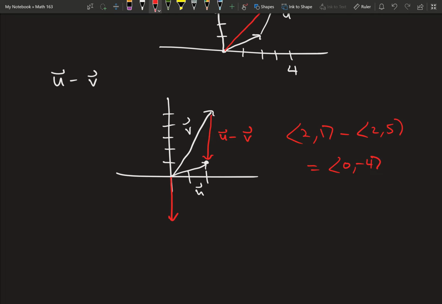So vectors can be what's called translated. Vectors can be translated to start at any base point you like. Okay. All right.